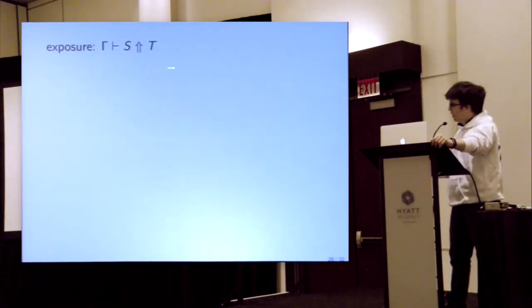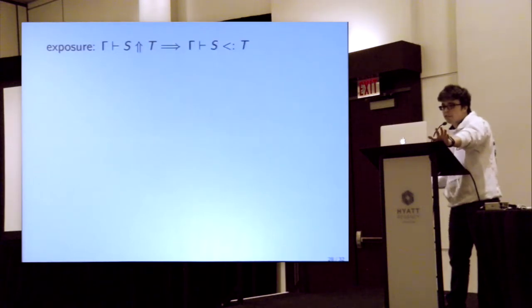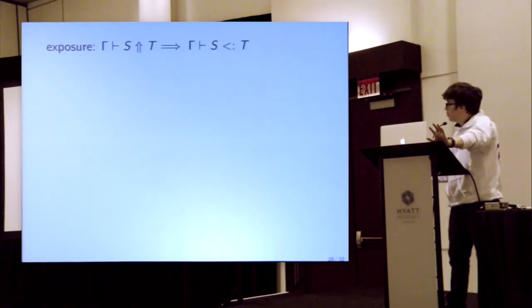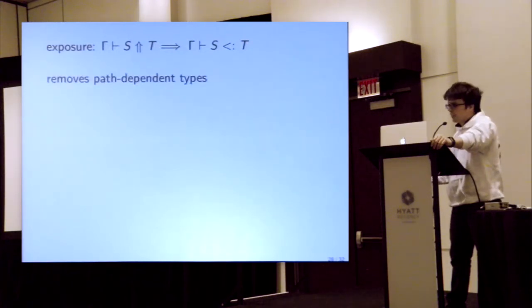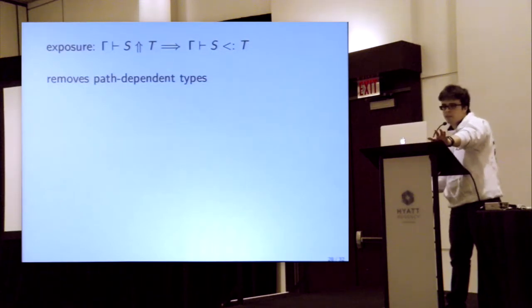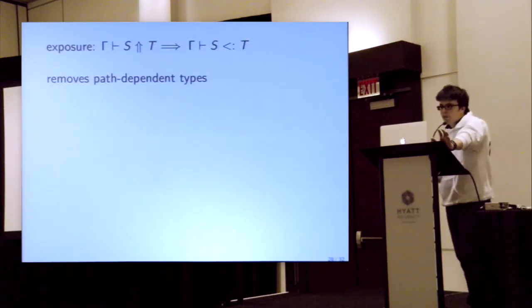And more generally, if we know that S exposes to T, we have two guarantees. The first guarantee is that S will be a subtype of T. So T is the result that we get, and T will be a supertype. And the second guarantee is that T will not be a path-dependent type. So the exposure operation allows you to get rid of path-dependent types in situations where you really want to see through them, if you will, and take a look at what the underlying type is.